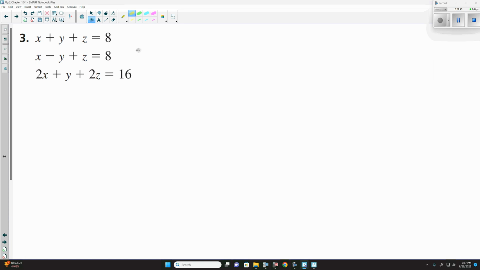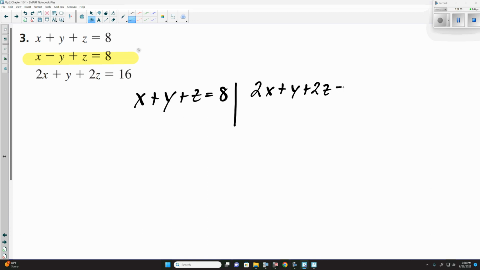Top, middle, bottom? Middle. Okay. Since we're using the middle one as our eliminator equation, we can write the other two. x plus y plus z is equal to 8. 2x plus y plus 2z is equal to 16.